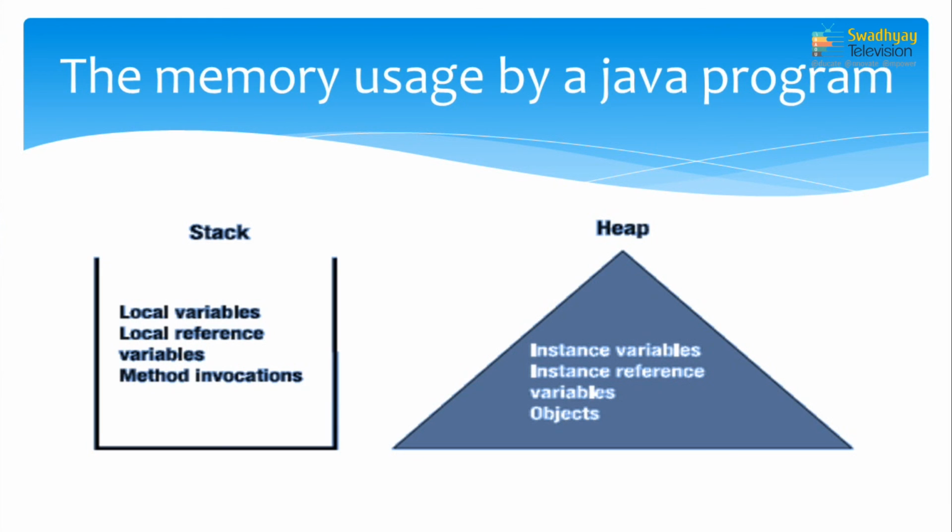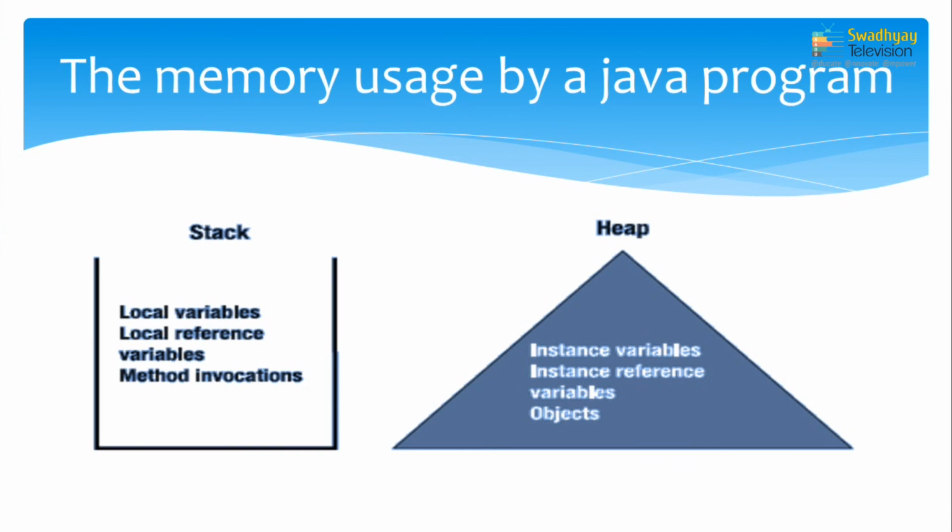So, Java stores the program in two parts, one is called the stack, another is called the heap. Both are areas in memory, but the difference is that the stack generally stores method invocations, local references and local variables, but all the objects, that is instance variables, instance references and objects, are stored on the heap.